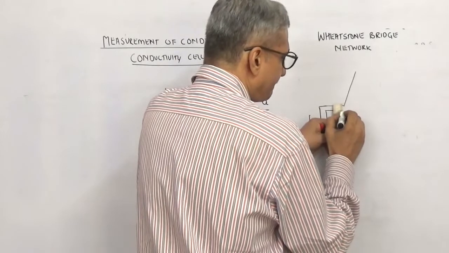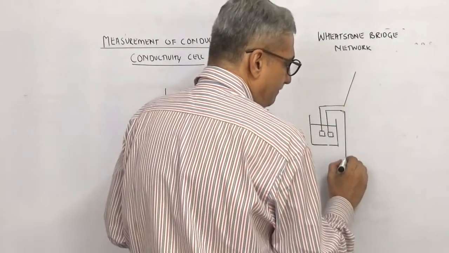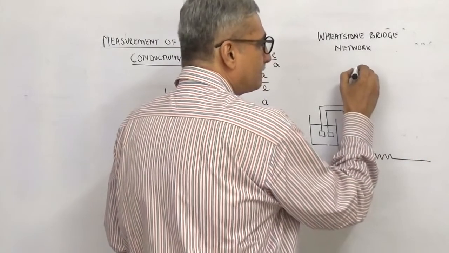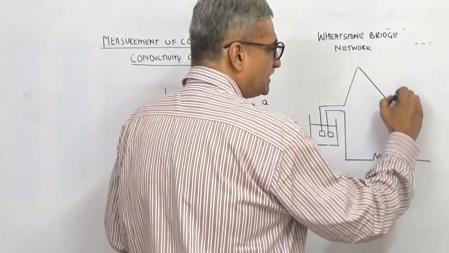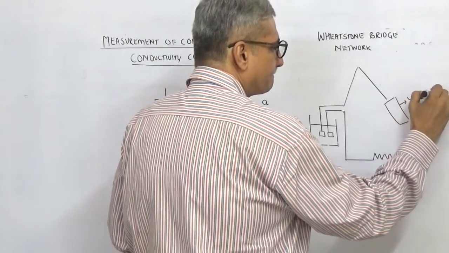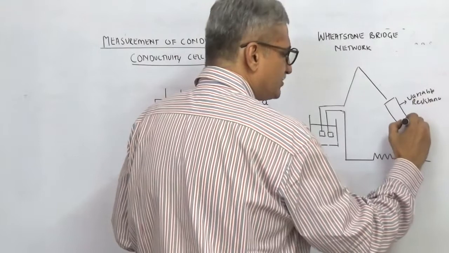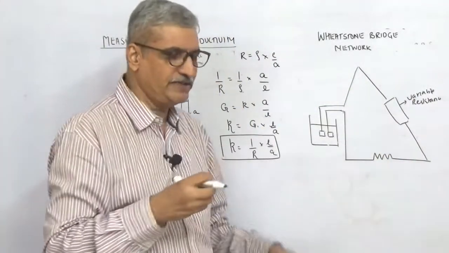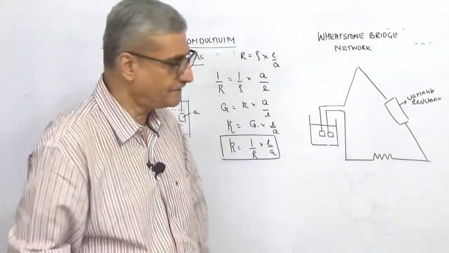This is connected to a variable resistance. This variable resistance is actually called a post office box. You just plug one of the plugs, and that much resistance comes into the circuit.